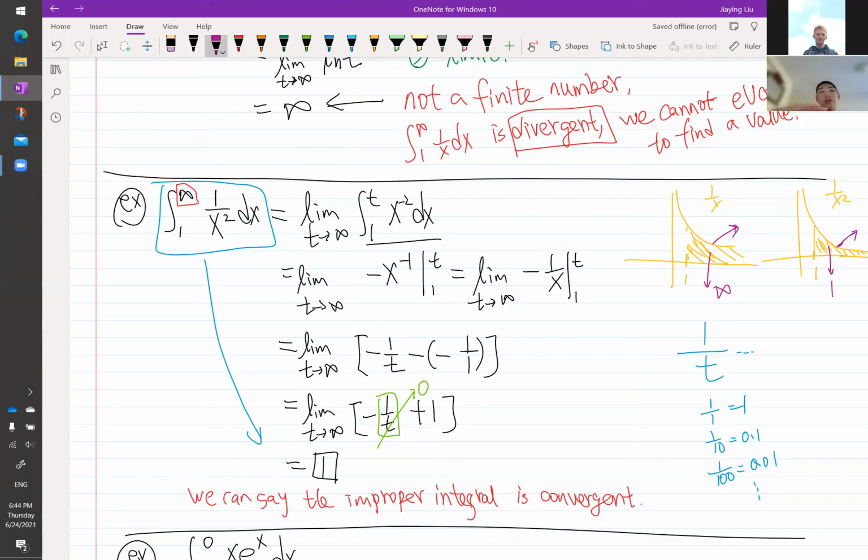The area doesn't approach a finite number. The total area approaches infinity, it just continues to increase. But for 1 over x squared, as you add up the area as x goes to infinity, the total area actually approaches a fixed number, 1. That's different.